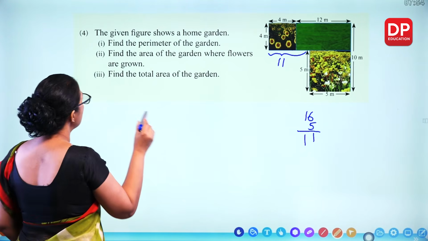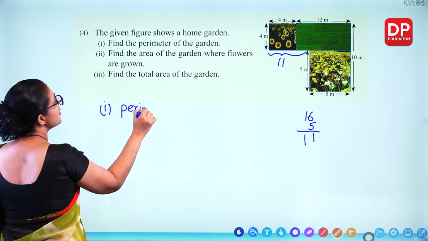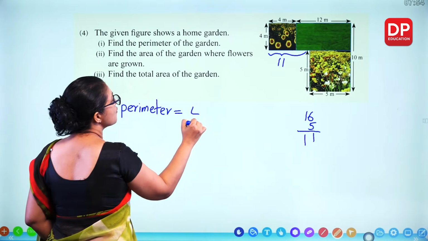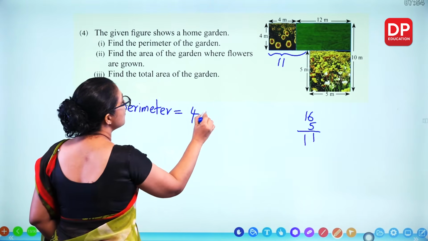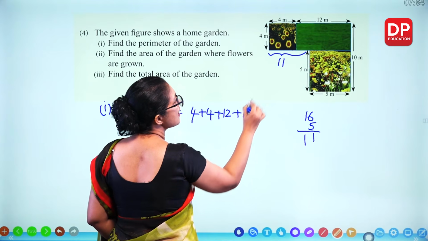So what's the perimeter? Perimeter is equal to, we'll start from here, 4. Then 4 plus 12. Then 10 is the other side.